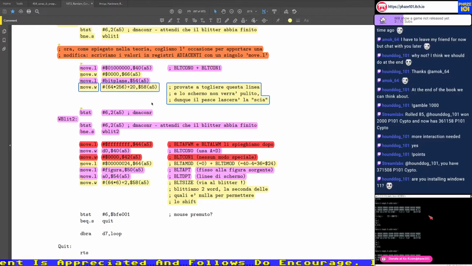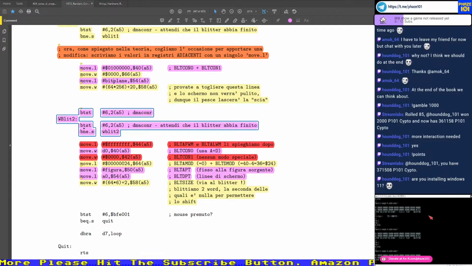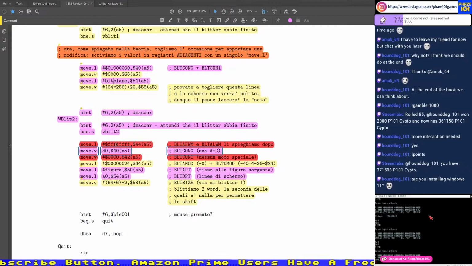Here we are clearing the whole screen, which is not exactly what we want, but for now it does the job. We will cover those things. We make sure that the blitter has finished doing the job. Then again we set the mask, which right now is always F's, and we will be talking about this later on in the book.